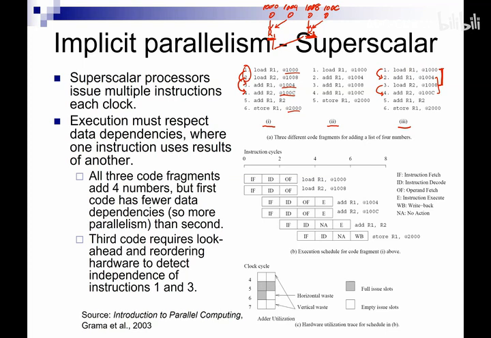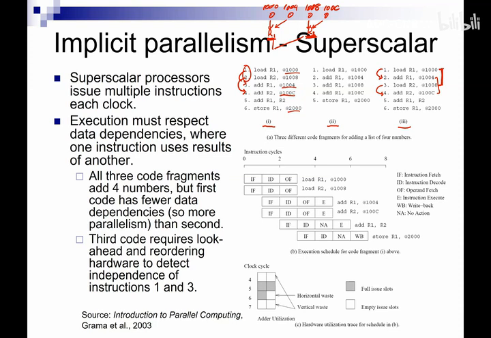So basically the upshot is that if we use pipelining and superscalar parallelism, we can get much better performance. But in order to make use of these tools, you need to add extra things into your hardware to detect when you can actually use superscalar parallelism or pipeline parallelism.